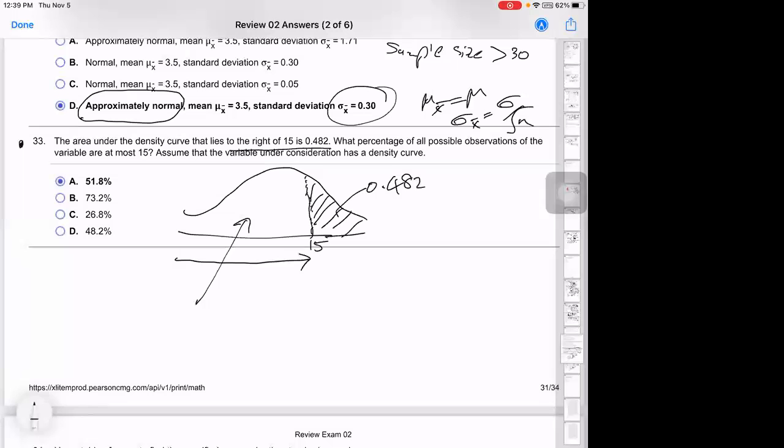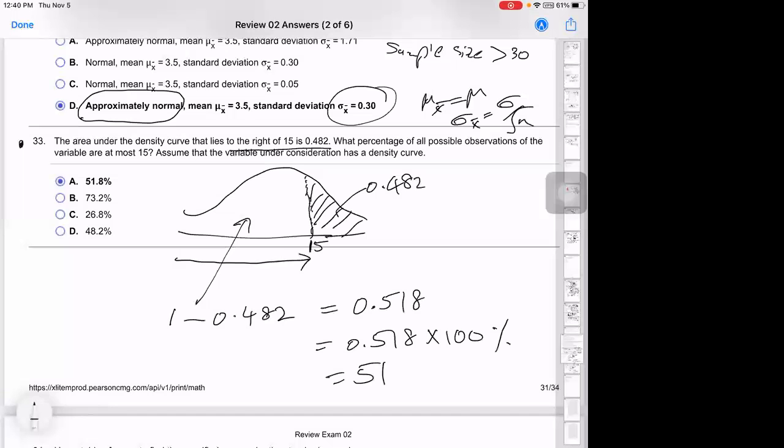So 1 minus 0.482 is 0.518. This is the area from the left up to 50, because at most 50. So for the percentage, simply multiply this by 100%. It's going to be 51.8%.